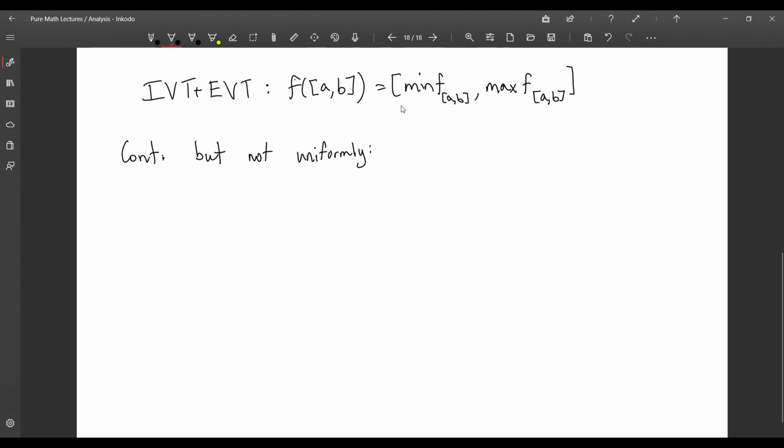And a good example is the function f of x equal to 1 over x on 0 to infinity, right?